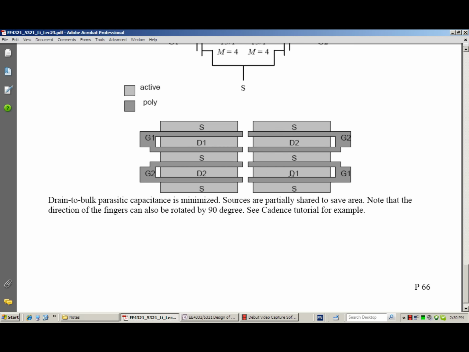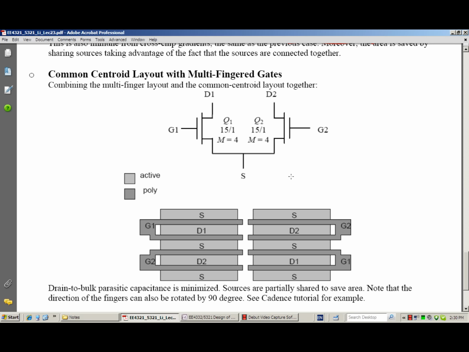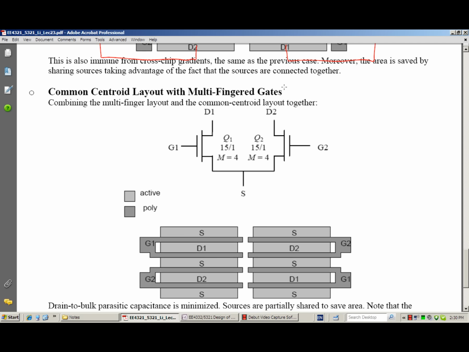And finally, we have this common centroid layout with multi-fingered gates. That is because, as we have said, normally the width of analog IC is very large, so we can further divide the transistor into multiple fingers.